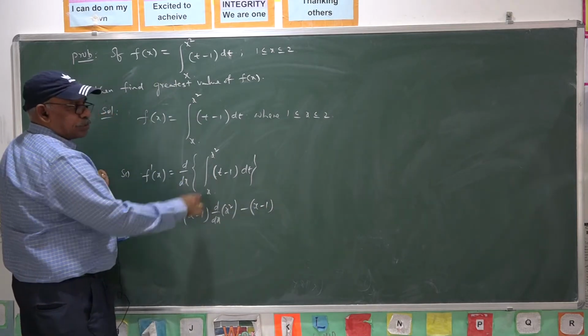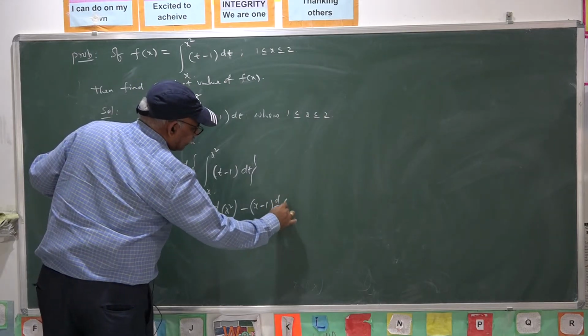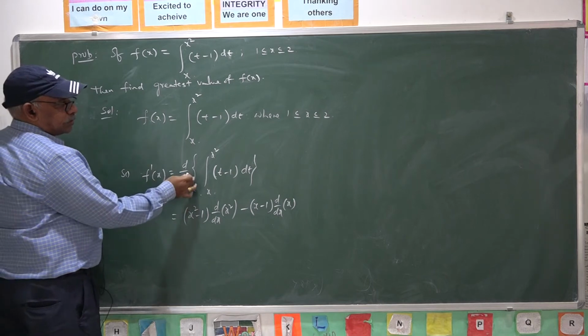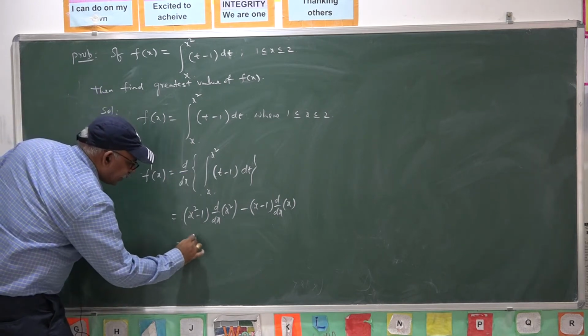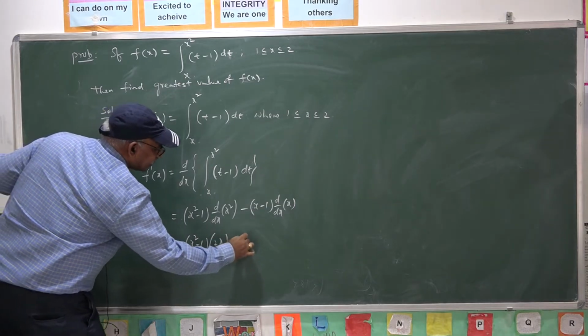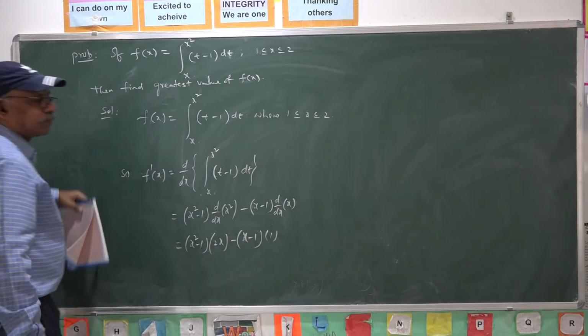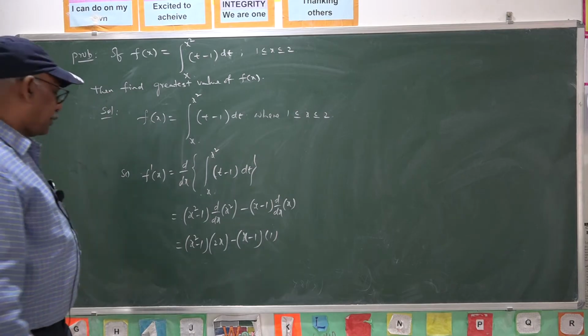Instead of t, introduce x, the lower limit, and derivative of the lower limit. This is just a simple application of Leibniz rule. So that the function is (x square minus 1) into 2x minus (x minus 1) into 1. Derivative of x is 1 and derivative of x square is 2x.